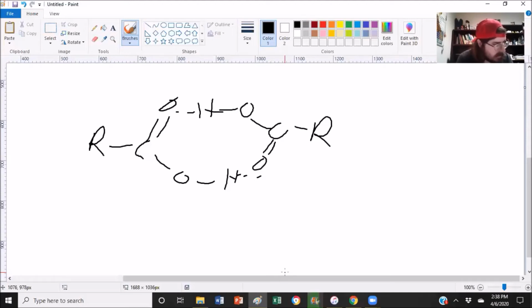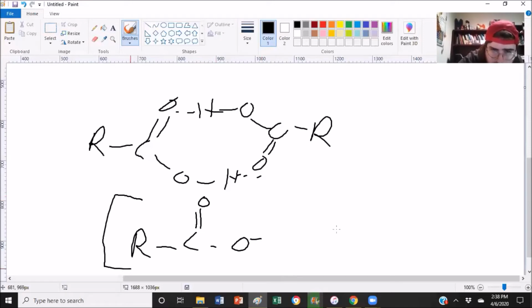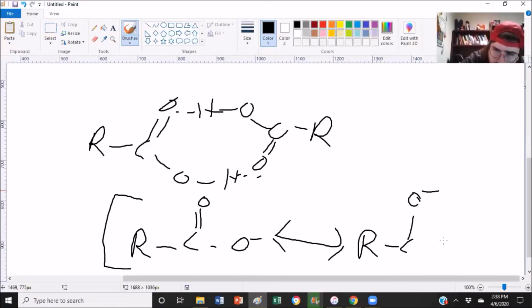Now, part of the reason why they're such strong acids is because the conjugate base is going to be stabilized by the resonance structure. So just drawing here, O minus, we can imagine we have an equally stable resonance structure of R, O minus.